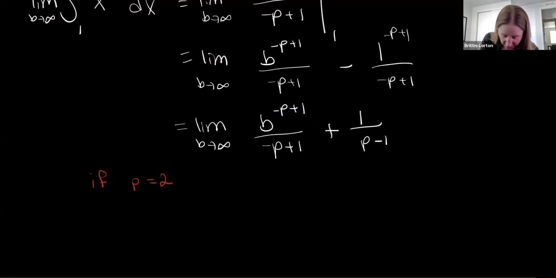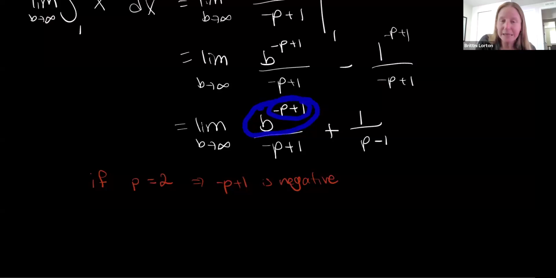Now, what happens when you have an exponent as a negative number? If the exponent is negative, then this entire thing, b to the power of a negative exponent, becomes 1 over b, right? That's how negative exponents work. So that would become 1 over a really large number. So that would go to 0.